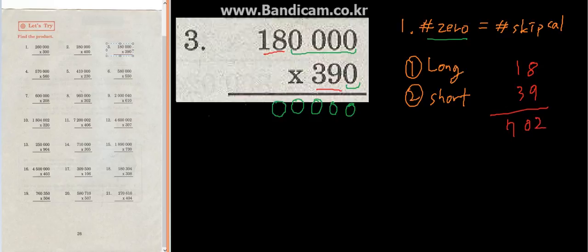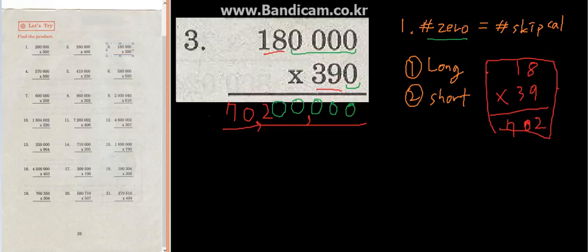Yeah, that's right. So this is 702, a very short version. Of course I made my own fast calculation, but just by calculating this and counting the number of zeros, you can simply get an answer.